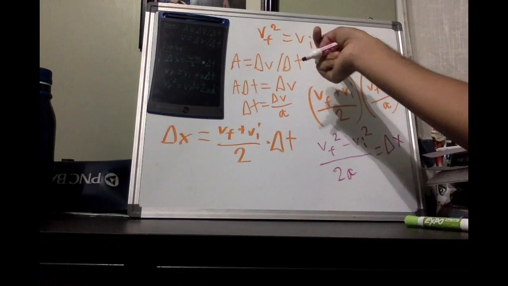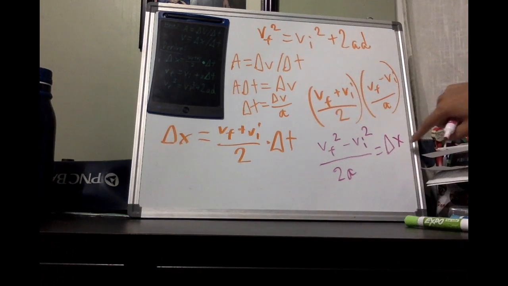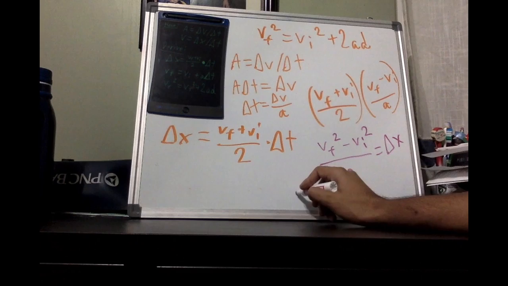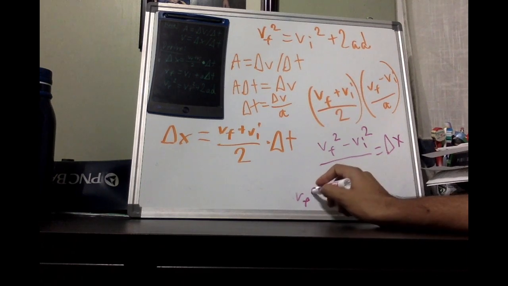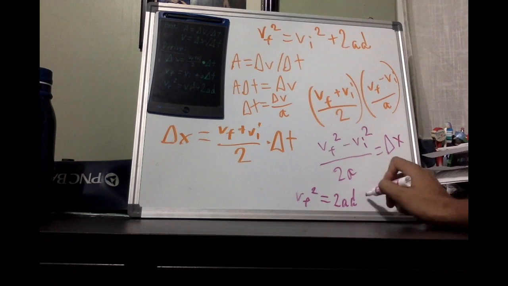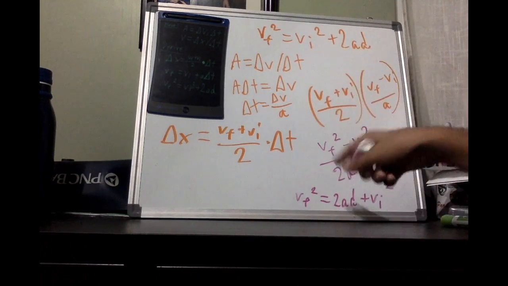Now, from getting there to there isn't much of a stretch. Here, D stands for displacement, which is this. So we just multiply both sides by 2A, and then add Vi squared to both sides, and we end up with the third equation.